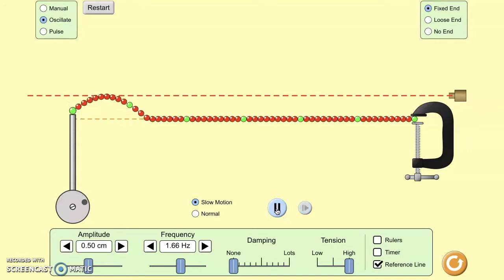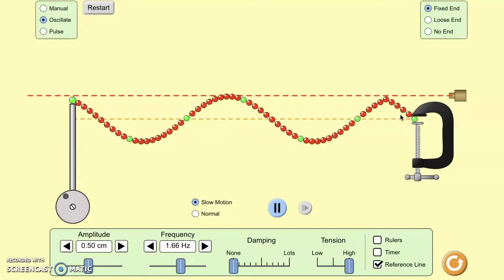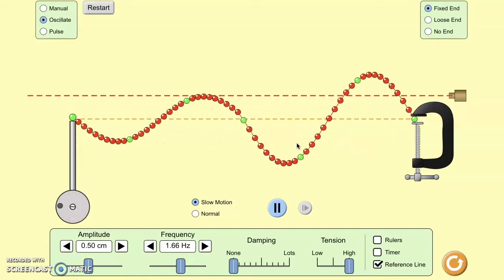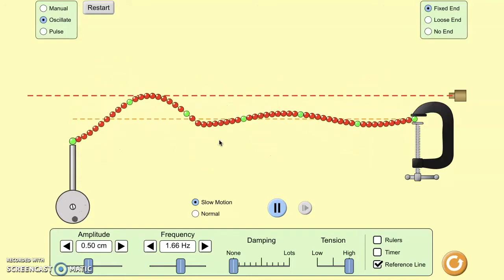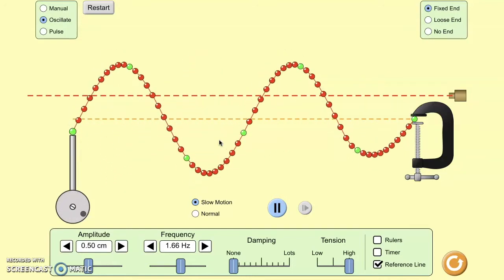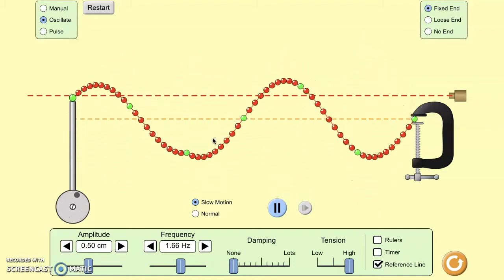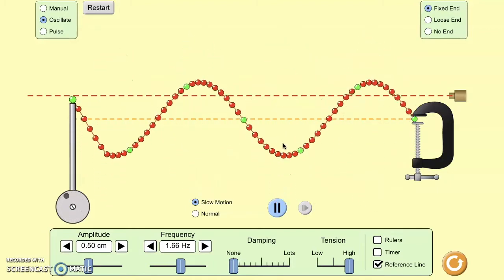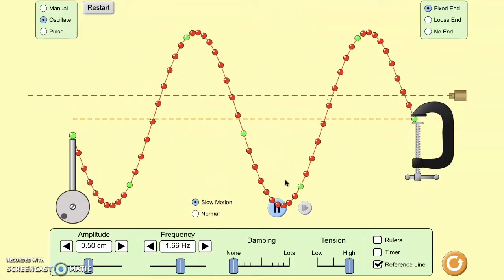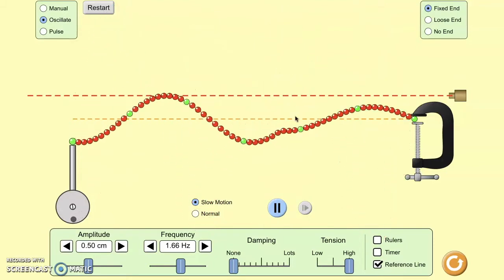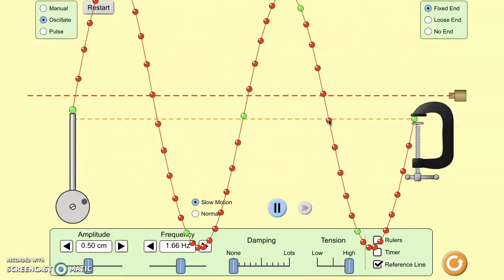So let's take a look at this. We see the waves traveling toward the C-clamp, and then reflecting on the opposite side, but now there's this interference going on and we can't tell what the original traveling was doing. But look what's happening. These certain pieces are getting just enormous amplitudes. And then other pieces, look at this one right over here, it's just standing still.